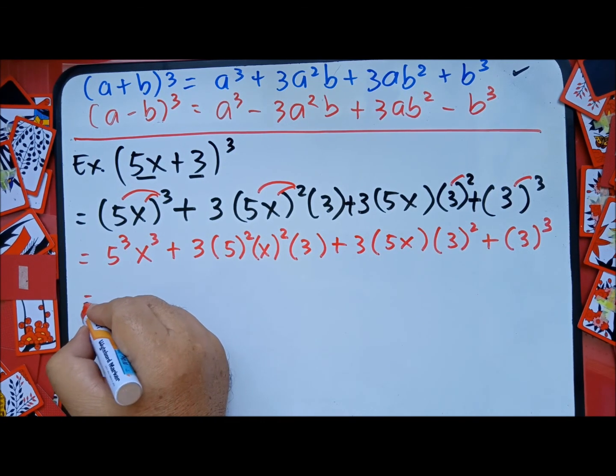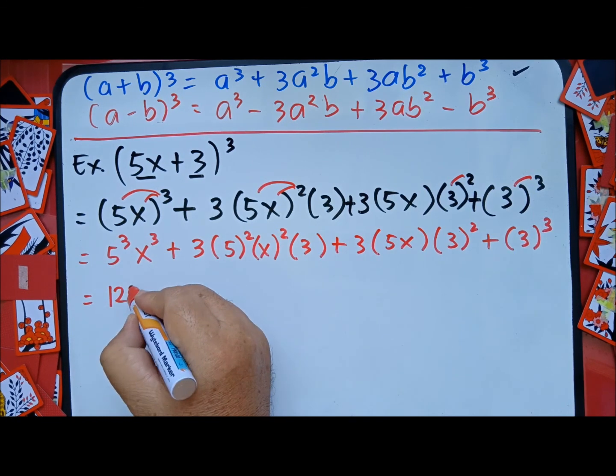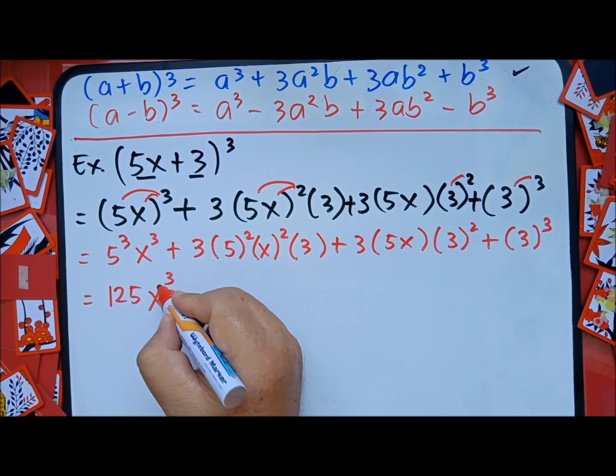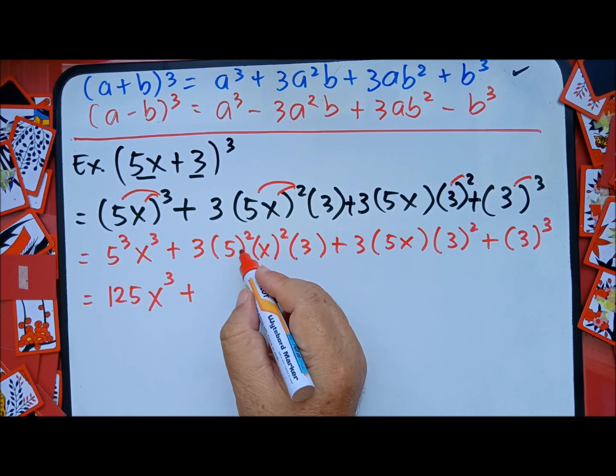Now, simplify: 5 times 5 times 5, 125x cubed.